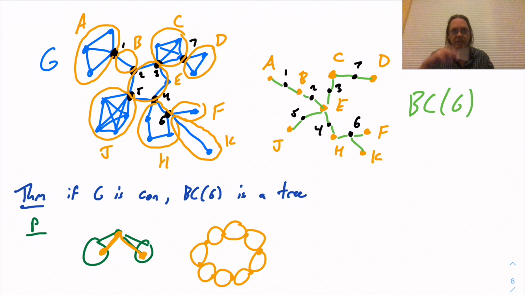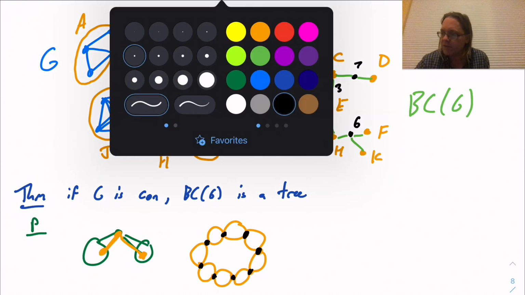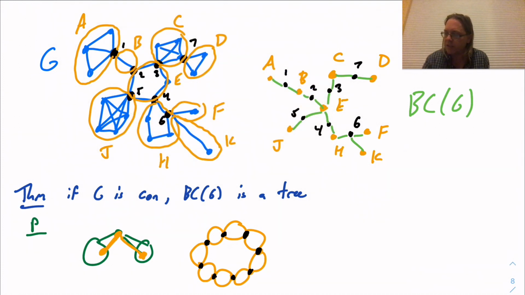So the vertices of that cycle are alternately cut vertices and then blocks, right? But this would contradict that lemma that we just proved, right? In this case, the union of all of these so-called blocks would be a connected subgraph of the original graph, and would have the feature that however you delete any vertex, you're going to stay connected.